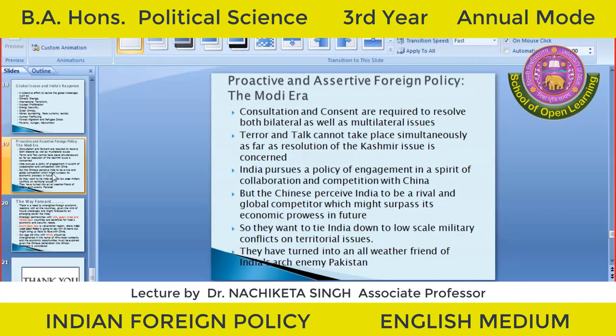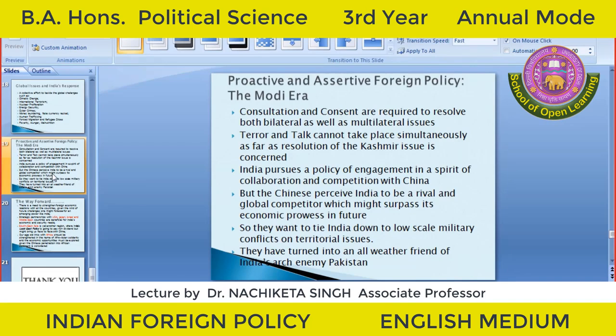But of late, we have seen India has also started pursuing what is called hot pursuits, where India is going for proactive and radical measures against such elements which are threatening India's territorial integrity.